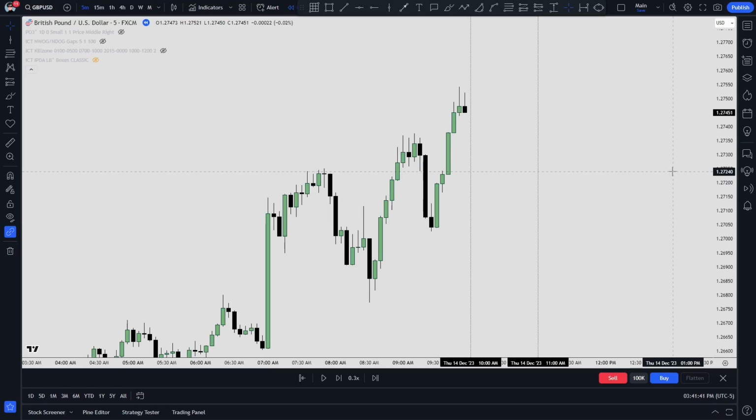First example here, we're on the GBPUSD Forex pair on the 5 minute time frame, trading the New York silver bullet from 10 a.m. EST to 11 a.m. EST. Something to take note of when trading the silver bullet is the fair value gap does not have to form during that time frame from 10 to 11. It can be before then.